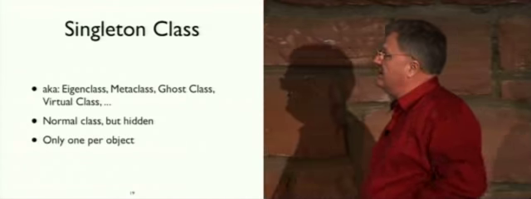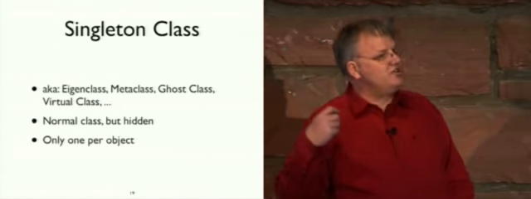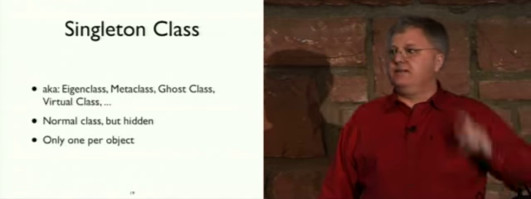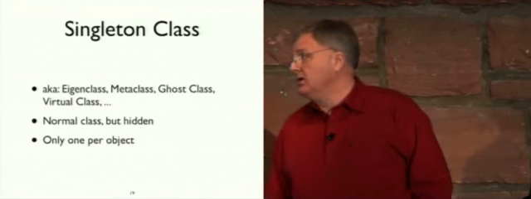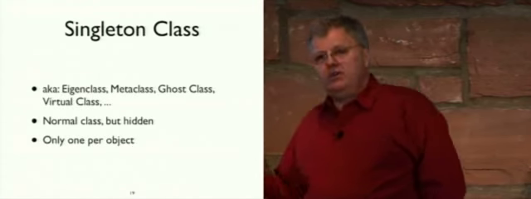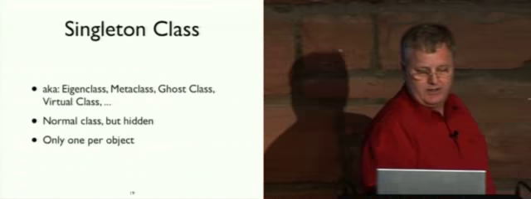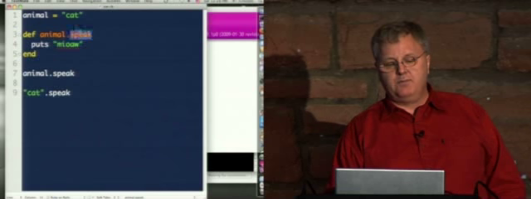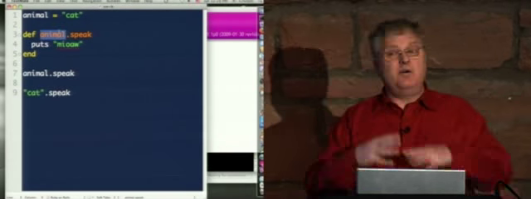So that Singleton class, and as I say, it's got lots of different names, is just like any other class, except it has a little bit set in it that says, don't reveal me to the outside world. Whenever you create methods on an object, say, for example, I've created my speak method on animal, Ruby says, oh, I need to create a Singleton class. There's not one there to start with.